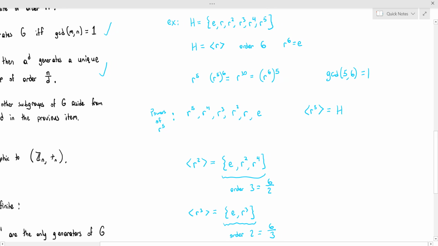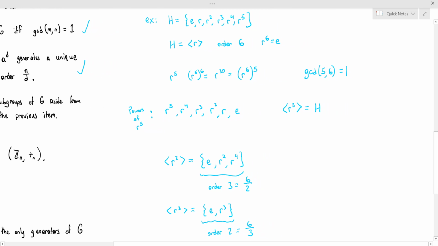Now, it's maybe of interest to think about what about r to the 4th power? If we consider powers of r to the 4th, first starting with r to the 4th, r to the 4th squared is r to the 8th power, which is the same as r squared.